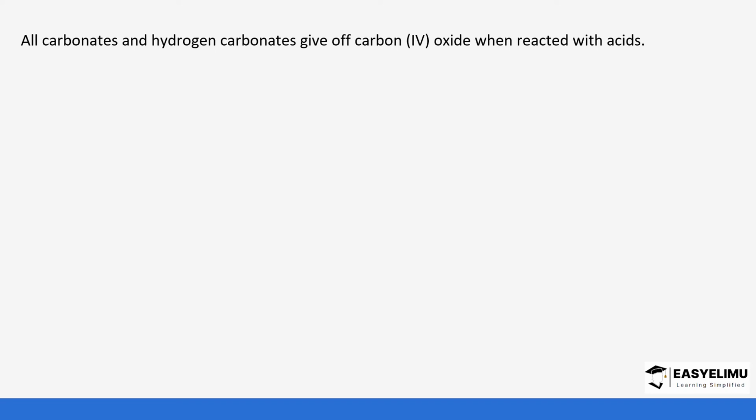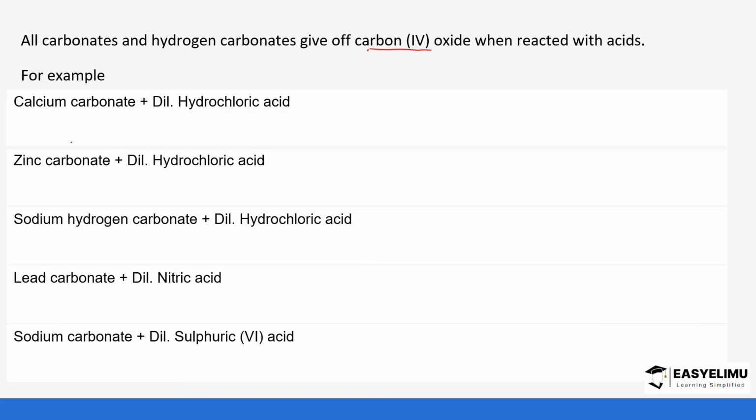So let's go to the specific. All carbonates and hydrogen carbonates give off carbon dioxide when reacted with acids. For example, if you look at the reaction of calcium carbonate with dilute hydrochloric acid, we are going to get calcium chloride, carbon dioxide and water.